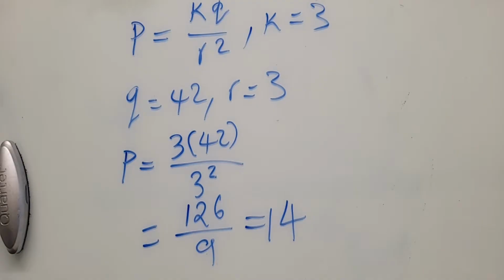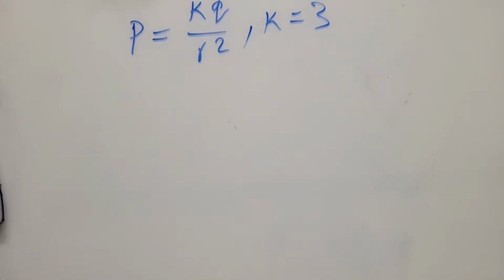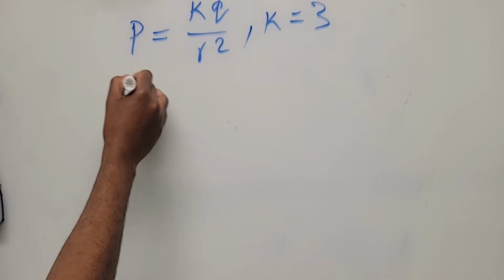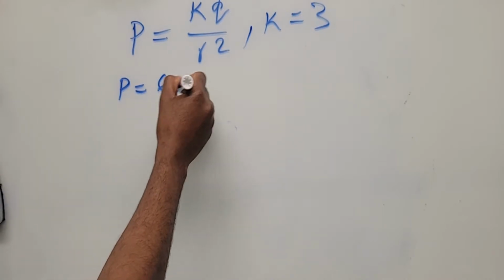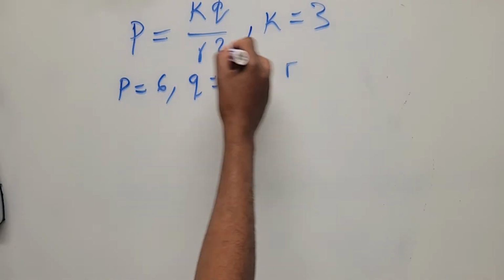Okay. Yeah. So I think the other problem was to find B. Let me finish this problem, right? So let us see, if they give us P to be 6 and Q to be 72, what is R?